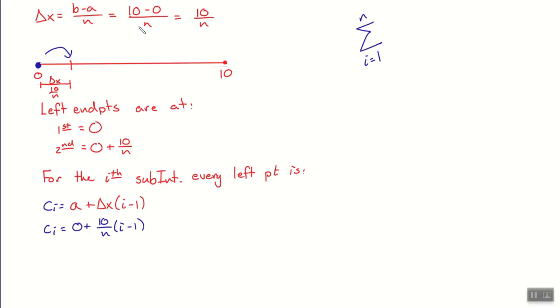But I don't want it moving to the next point, so I can't just plug in i, I have to kick back 1, so that when I plug this in, it gives me my 1 less. Does that make sense? Because it didn't feel good when I explained it. It did, though? Okay. So now we have a nice way to say this is what every left endpoint looks like.